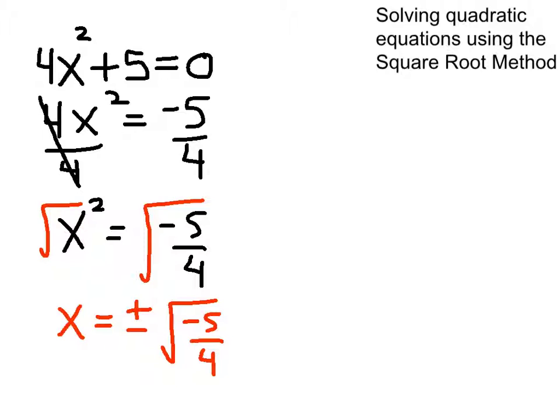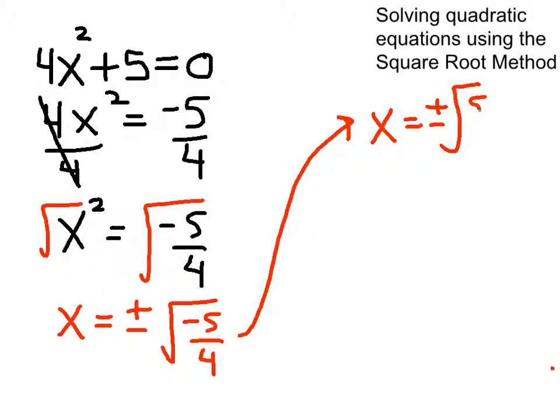Now, you know how I am. I don't like to ever see a negative sign underneath that radical sign, so I always break it into 2. So x equals plus minus square root of 5/4, and then that negative 1 is all by itself. And we know that the square root of negative 1 is going to create that i for us.